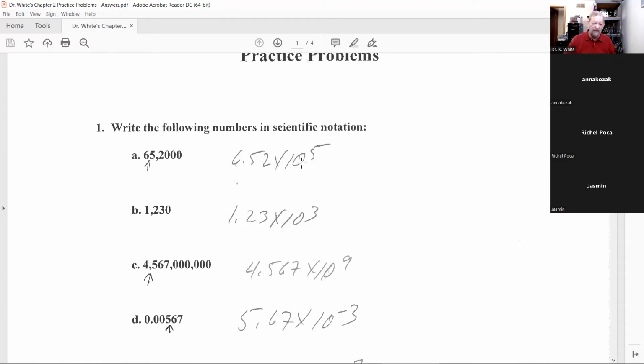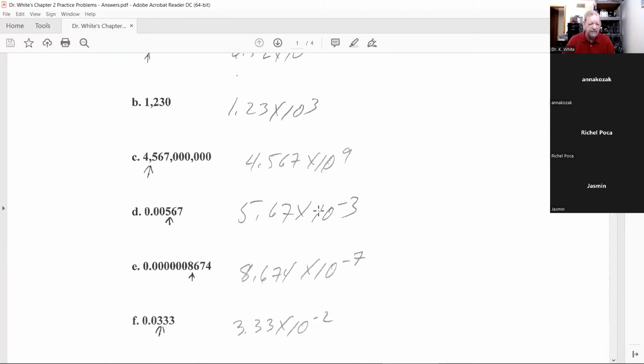That's how you get 6.52 times 10 to the 5th. We look at B, no decimal again, move it to the right of the first non-zero number. That's 3 moves. So it's 1.23, with the zeros dropped, and 1.23 times 10 to the x; we moved it 3 times, so x is 3.